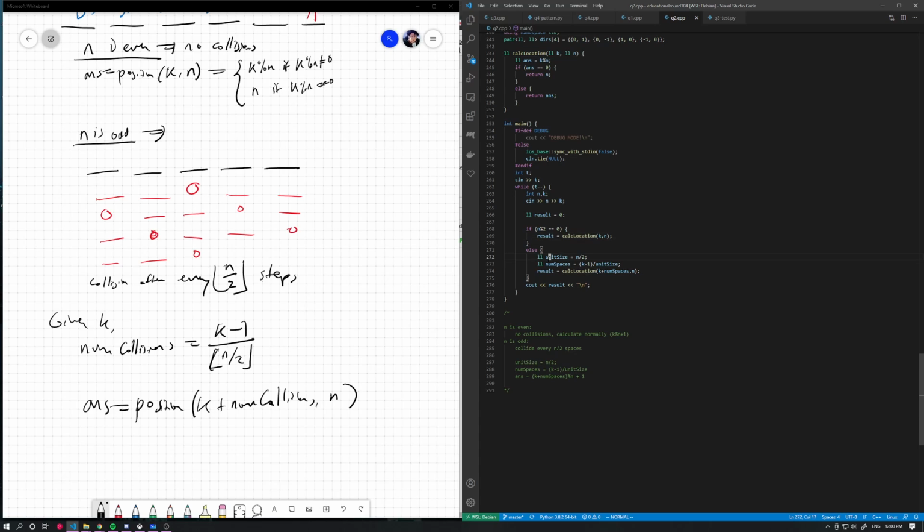And then if n is odd, first I find the number of collisions, which I call unit size for some reason, or like the number of spaces here, and then I just call calc location. Yeah, that's basically it.